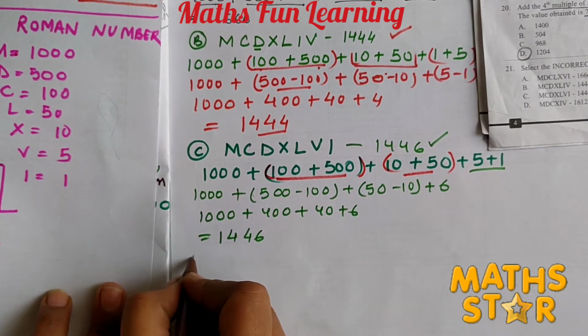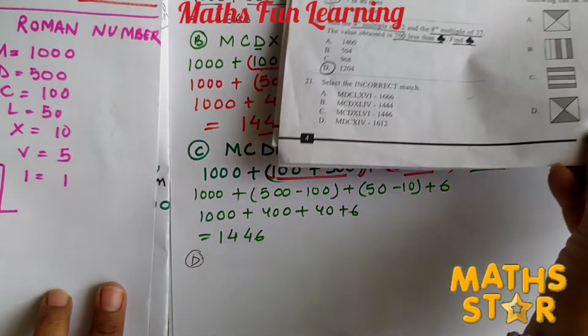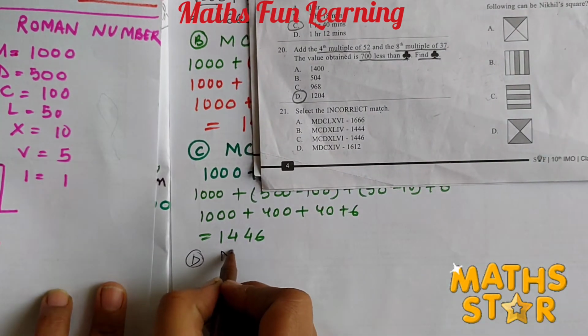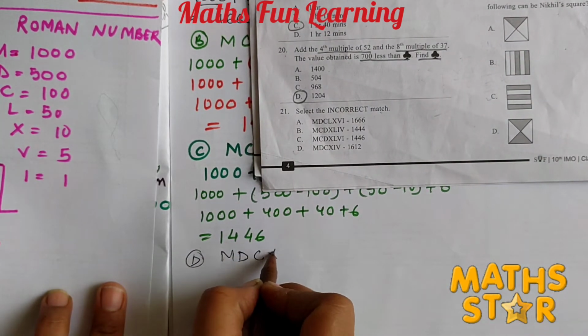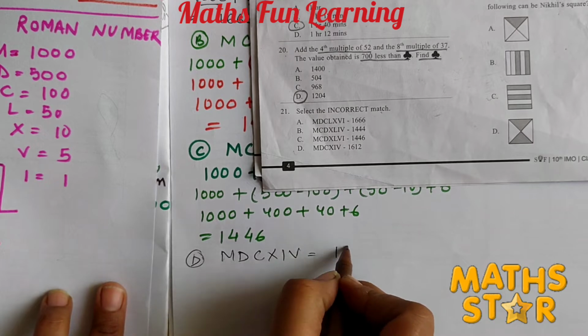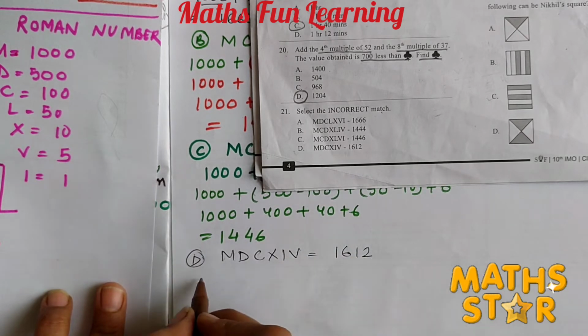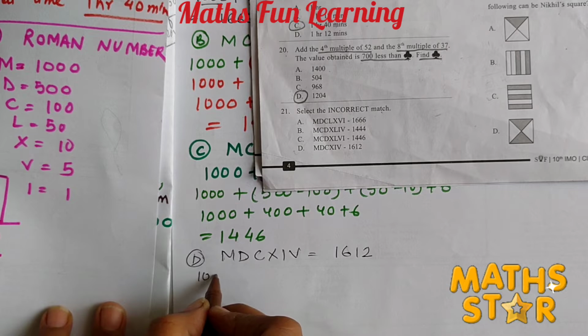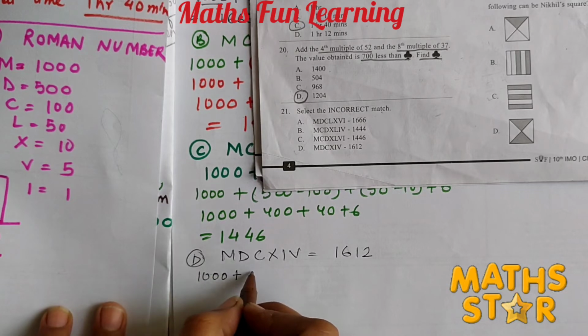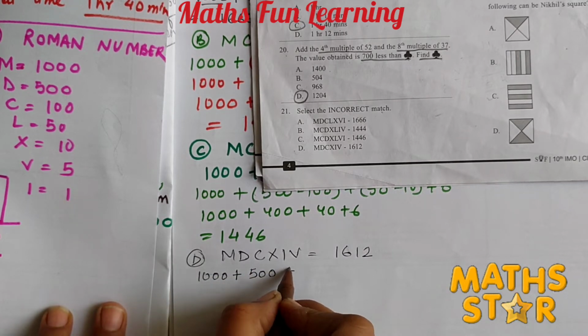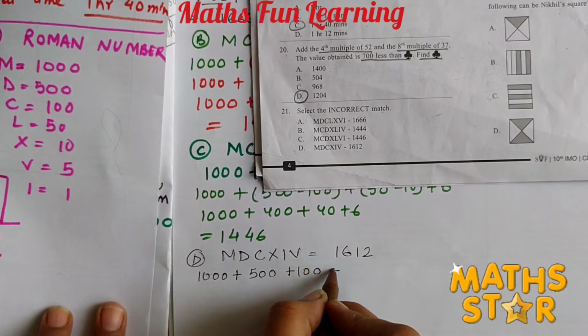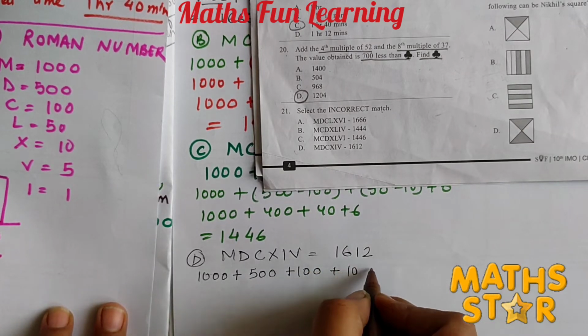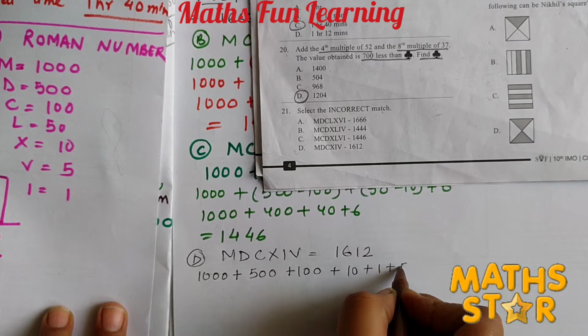Let's solve the D part. D part is M D C X I V, which is equal to 1612. M is 1000 plus D is 500 plus C is 100 plus X is 10, 1 plus 5.